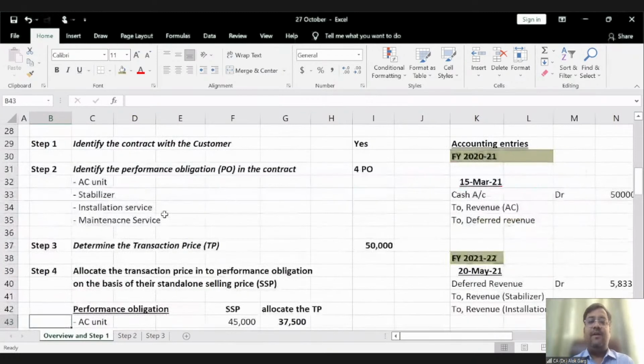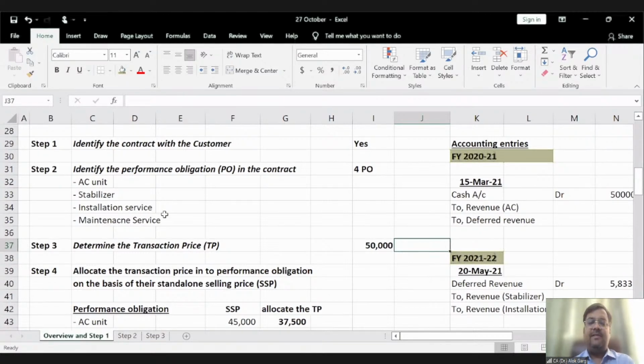Step 1 was identify the contract with the customer. Step 2 is identify the performance obligation. Step 3 is determine the transaction price. It is very important to determine the transaction price. And let me tell you, normally the transaction price is given, but the problem arises when there is an element of variable consideration.